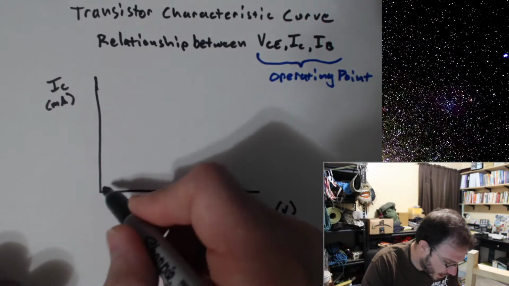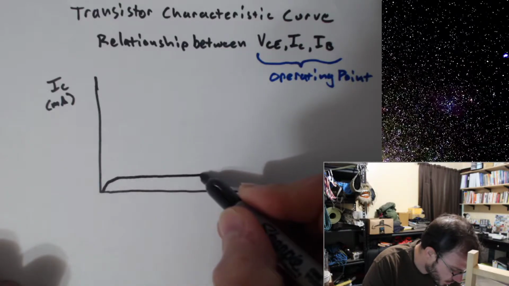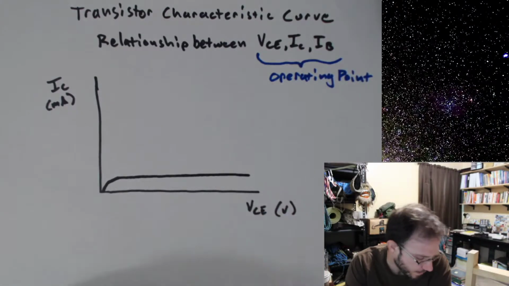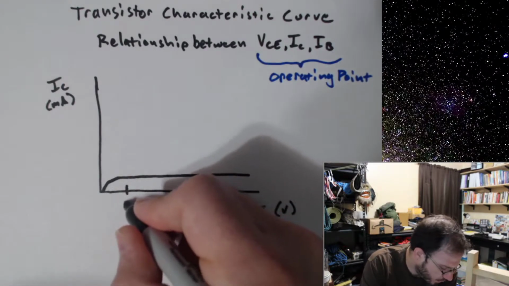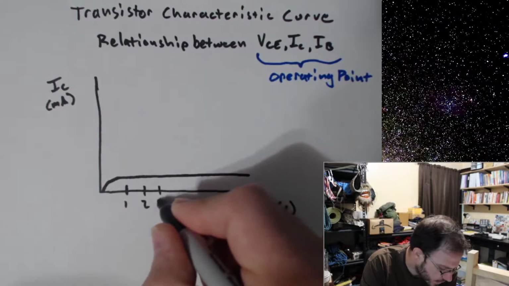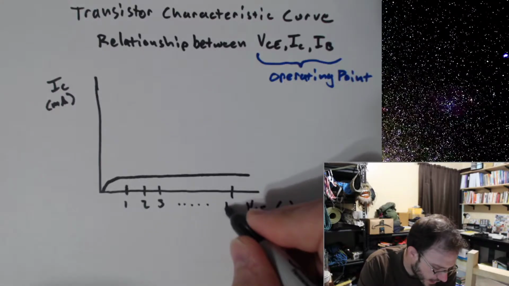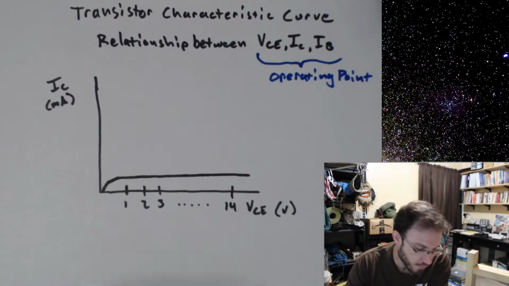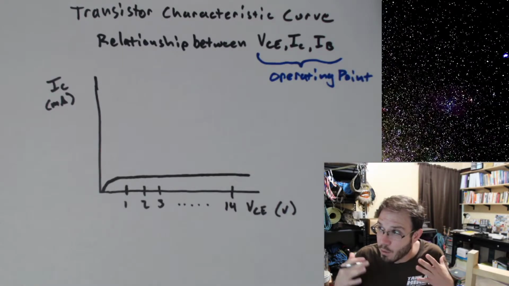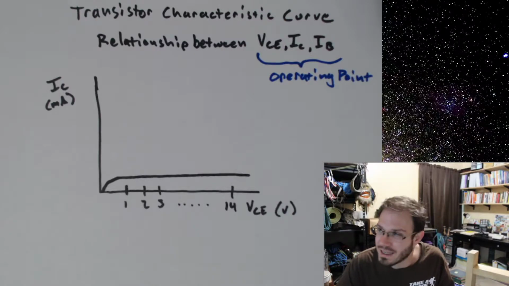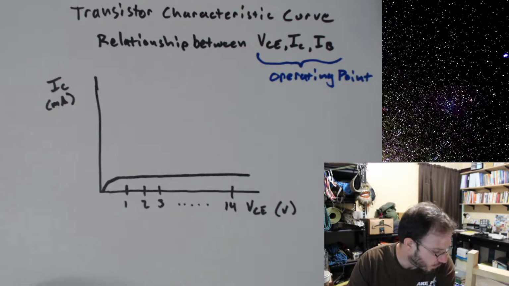Let me draw one right here. Let's say VCE is about 1 volt over here, 2 volts, 3 volts, and it keeps going until we get to our max VCE for describing our characteristic curve for a given transistor. Even if I were to purchase 2 of the same exact transistors, they might be slightly different in how their characteristics perform.